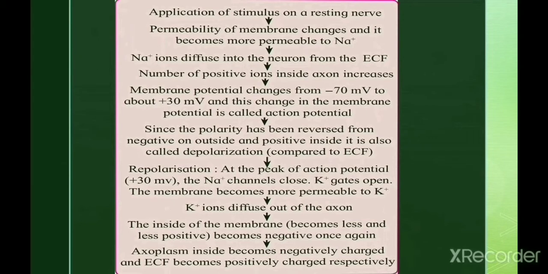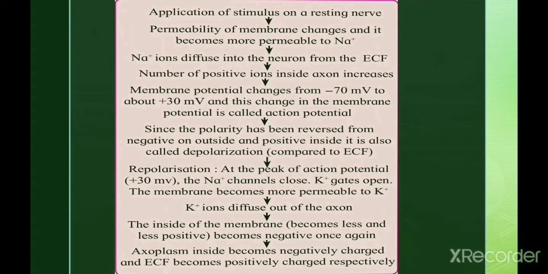At the peak of action potential, plus 30 millivolt, we have already studied about this. Now, when there is this kind of polarity, the sodium ion channels close, potassium ion gates open, and the membrane becomes more permeable to potassium ion. Potassium ions now diffuse out of the axon.